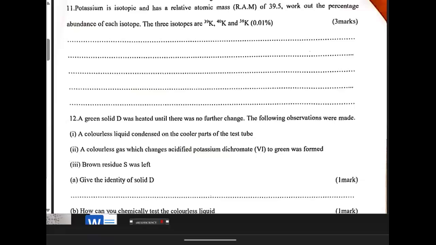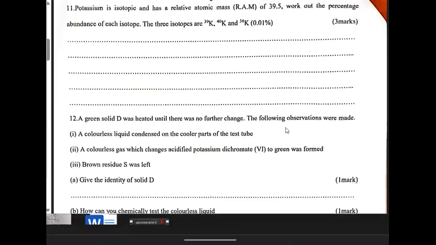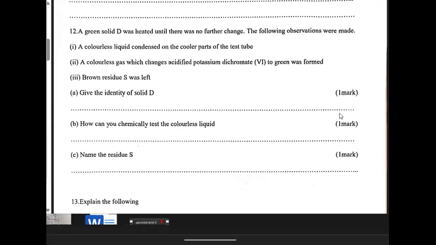We have said it is a sulfate because when this sulfate of iron 2 is decomposed, it gives two gases, sulfur 4 oxide and sulfur 6 oxide. And the sulfur 4 oxide is the one responsible for changing dichromate 6 from orange to dichromate 3, which is green.